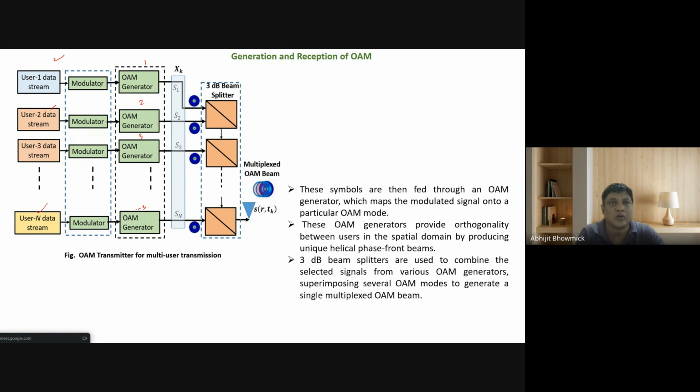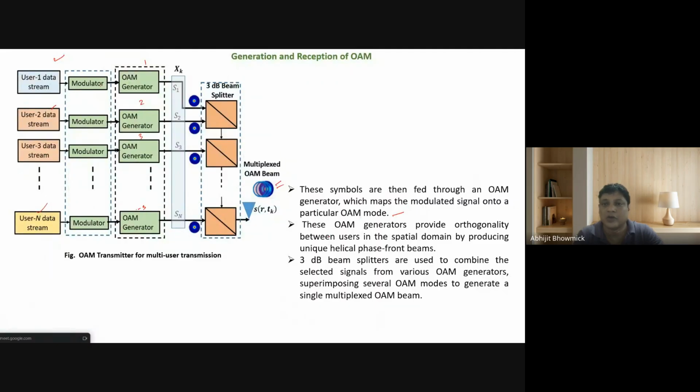Then they pass through a beam splitter, or better I say a beam combiner, which combines the different wave signals and makes a composite or multiplexed wave beam, which looks like this. These symbols are fed through a wave generator, which maps the modulated signal onto a particular wave mode.